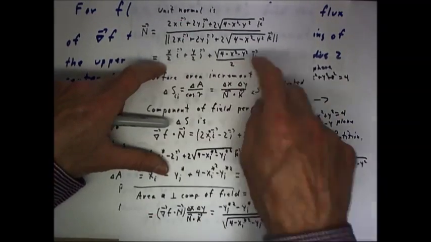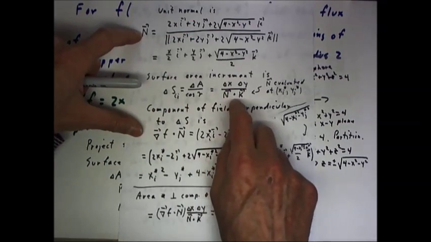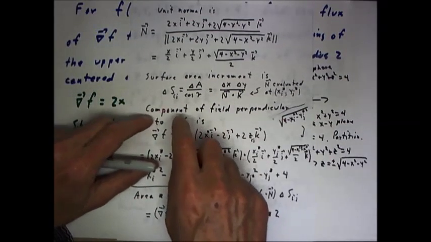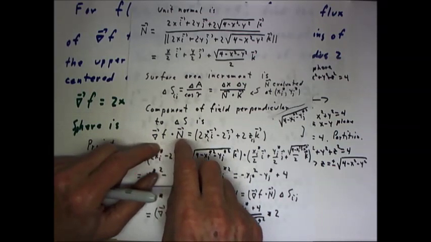So if we evaluate this expression at xi star, yj star, we have the expression for the unit normal at that point.